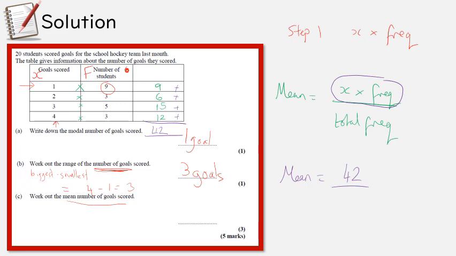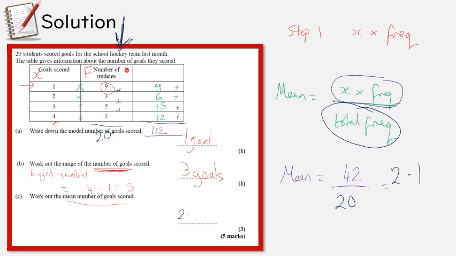The bottom part I've got to do is the total frequency. Well, I look at this frequency column here, and I'm going to have to add them up. So 9 plus 3 plus 5 plus 3, and that gives me a value of 20. So my mean is going to be whatever 42 divided by 20 is, which should give me 2.1.